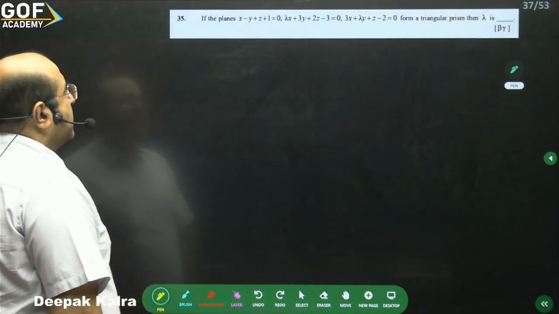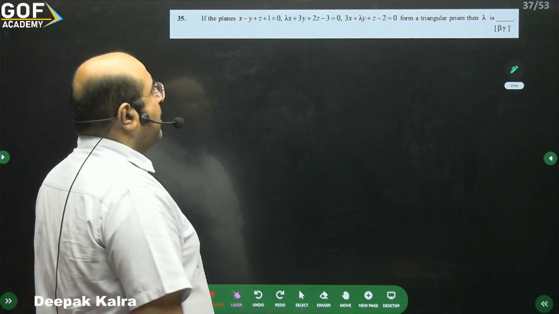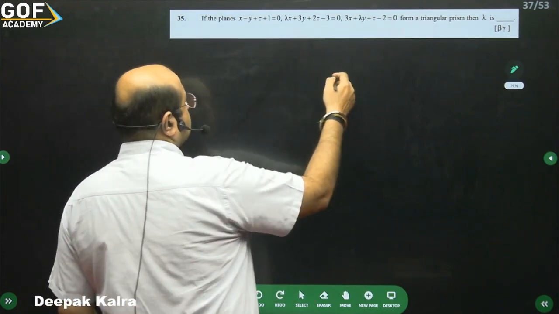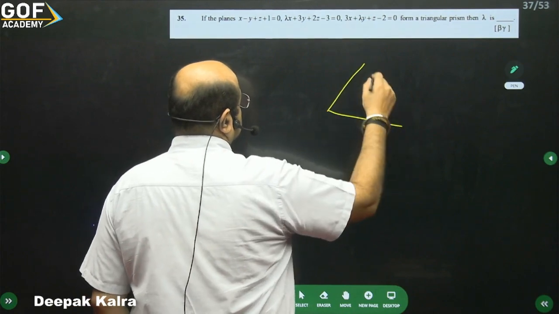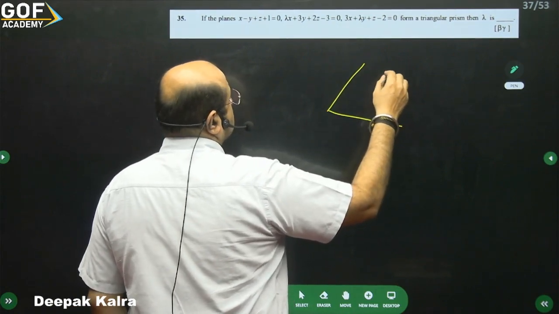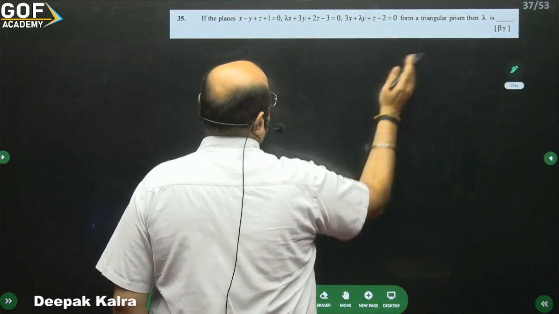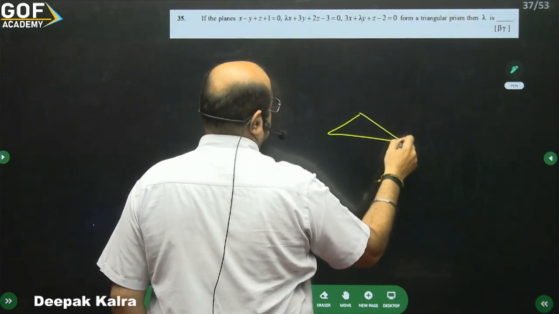Yes, in this case, like a triangular prism. Now, understand the thing which I was telling you. Triangular prism, it goes like this.